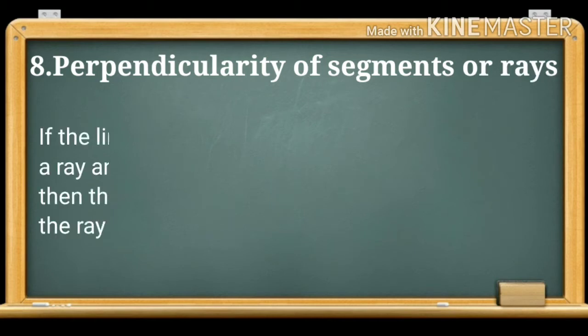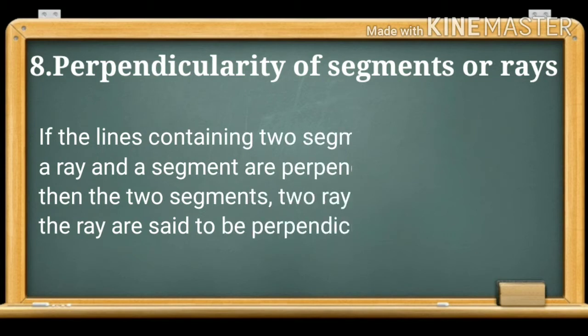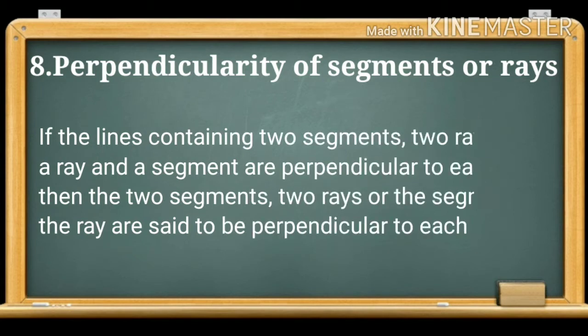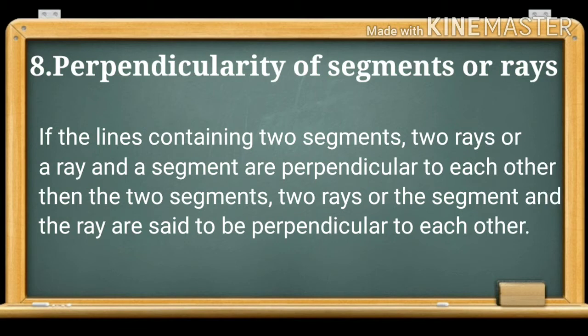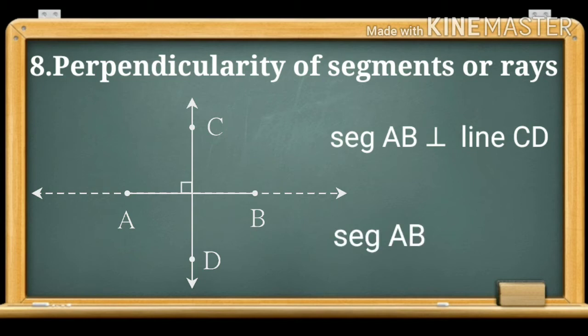If the lines containing two segments, two rays or a ray and a segment are perpendicular to each other, then the two segments, two rays or the segment and the ray are said to be perpendicular to each other. Look at the figure carefully. In this figure, segment AB perpendicular to line CD and segment AB perpendicular to ray CD.